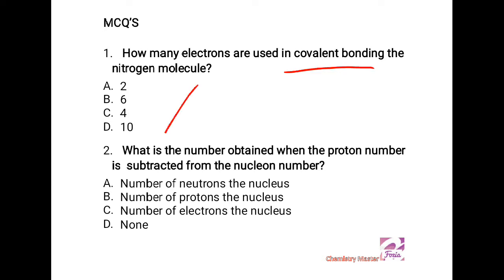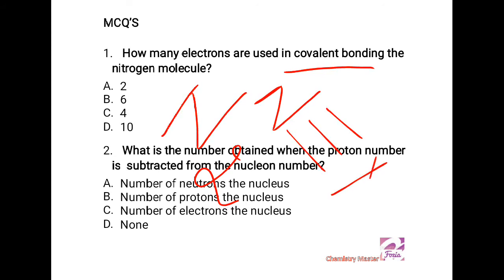When we study the bond in the nitrogen molecule, we come to know that nitrogen gas exists in a diatomic molecular form, in which two atoms of nitrogen are bonded to each other by 3 bonds.